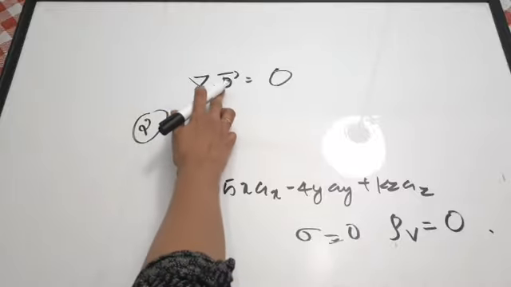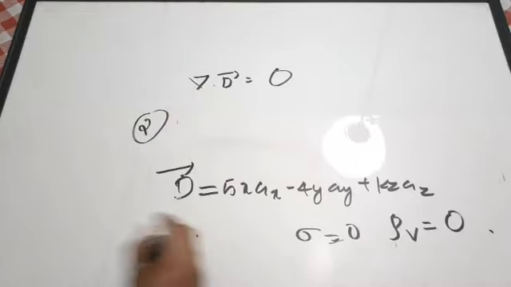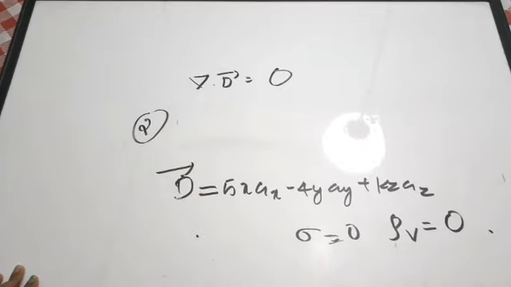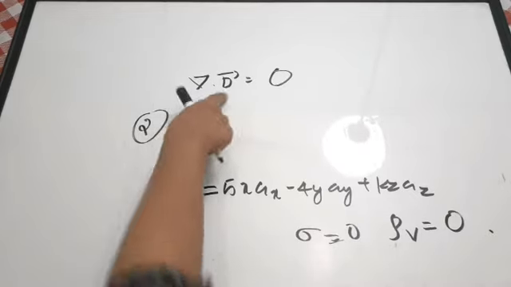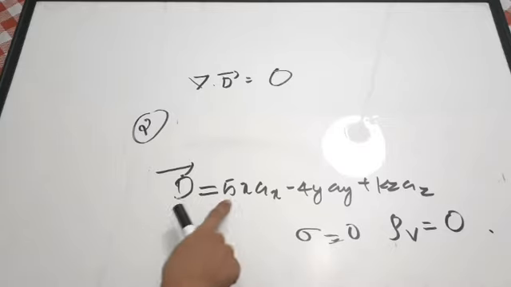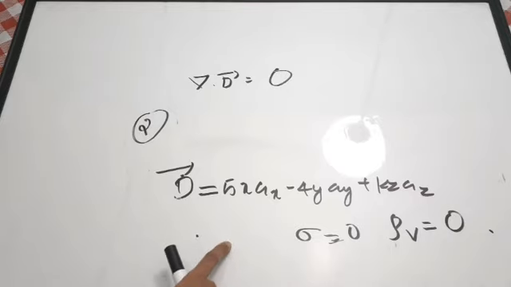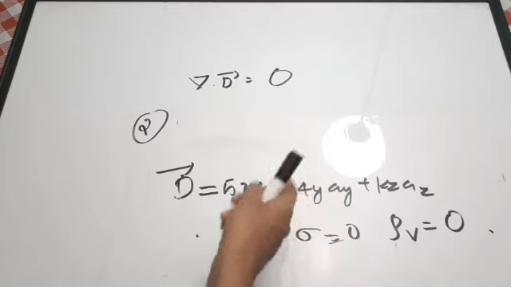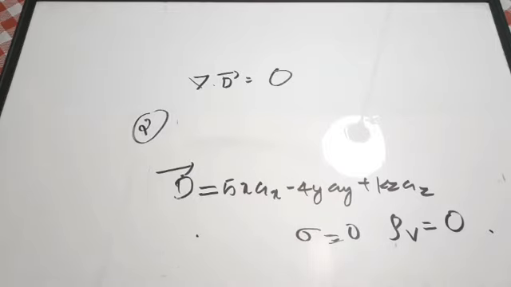Now we have D. See here D is given to you. Now take the divergence of it. Del dot D. Take the del dot of this vector. That is dou Ax by dou x plus dou Ay by dou y plus dou Az by dou z. Likewise, take the divergence and equate that to 0.